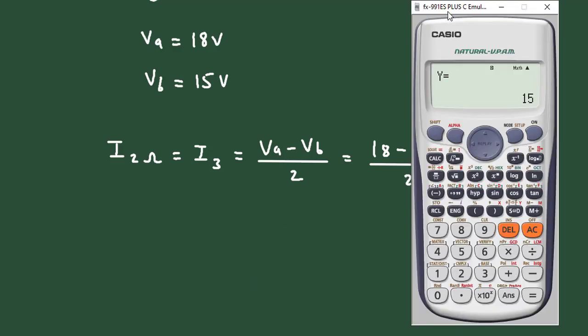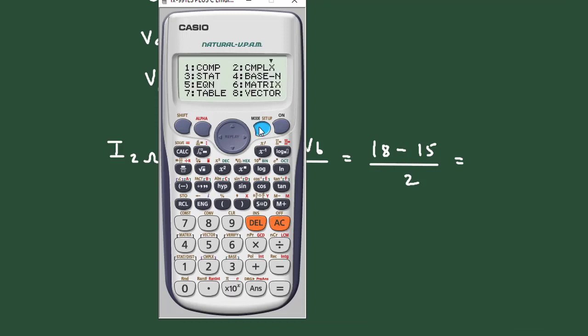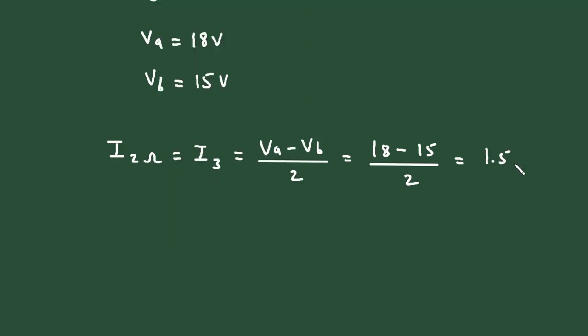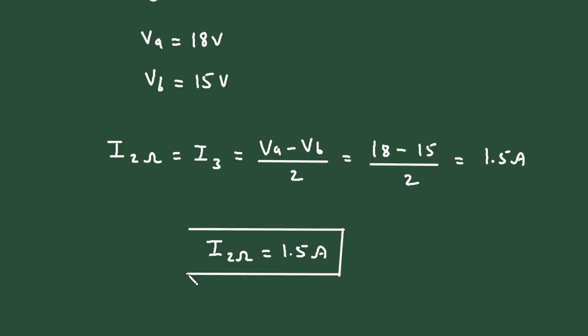So this will be 18 minus 15 divided by 2. So it is 1.5 ampere. 1.5 ampere is the value of I2 ohm. So this is how we can find the value of current by using nodal analysis.